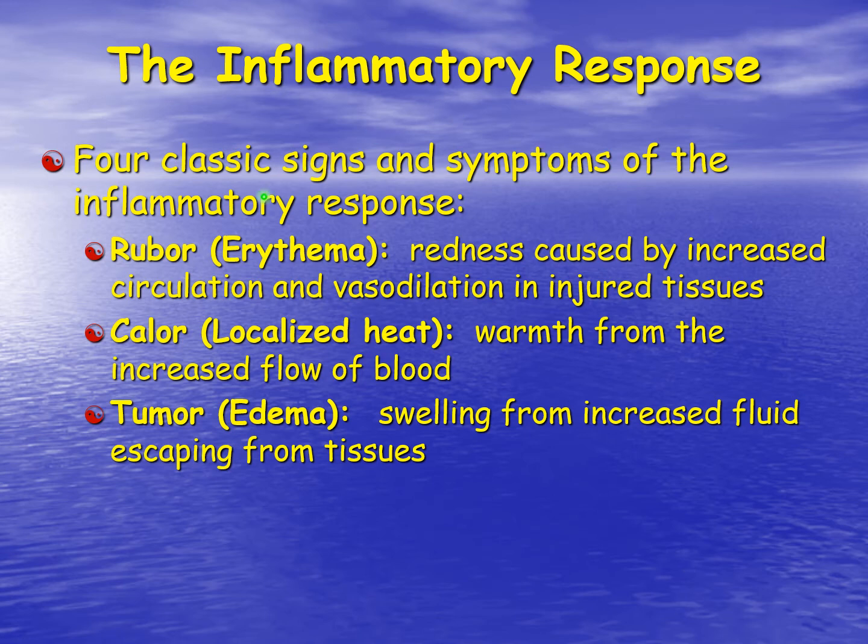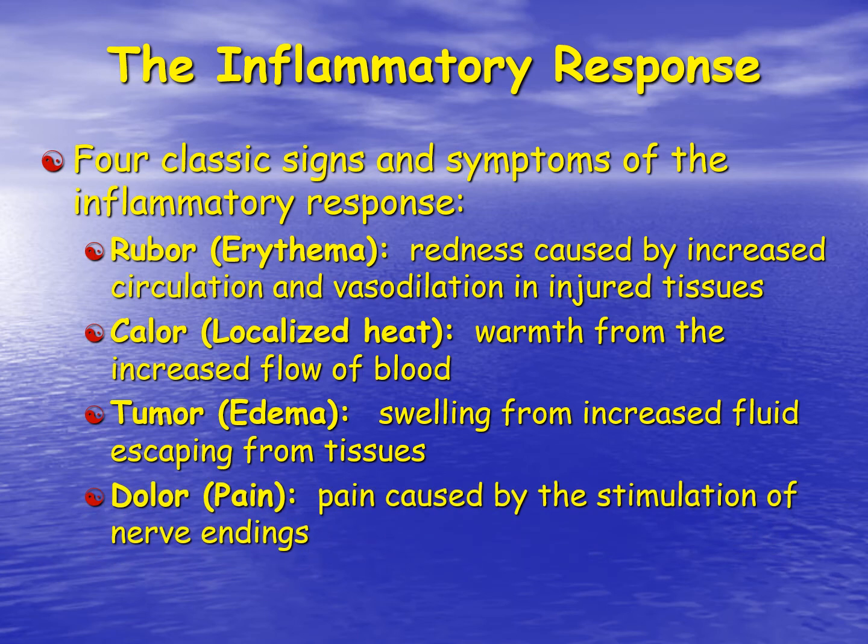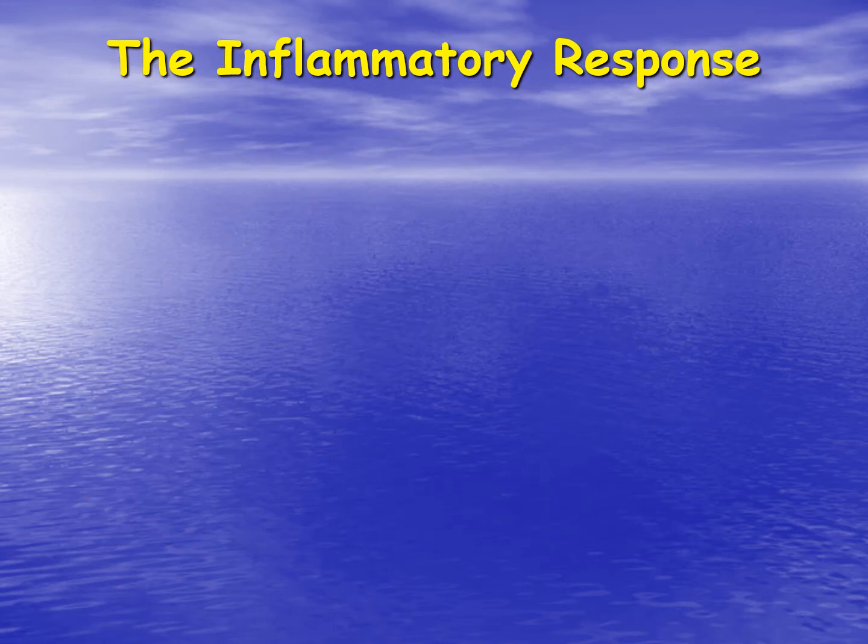All three of these are going to be due to the fact that we are going to get vasodilation in these injured tissues and an increase of blood into this area. And then the fourth classical sign and symptom is dolor, or pain. And pain is a good thing. Pain tells you that you have breached a first line of defense.